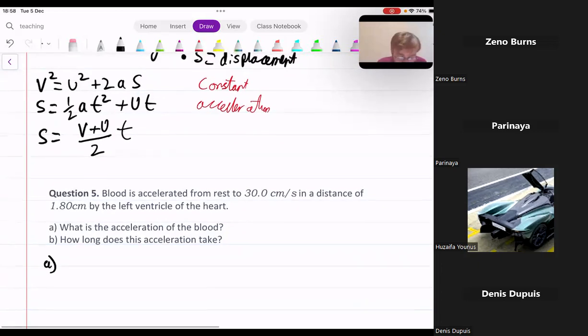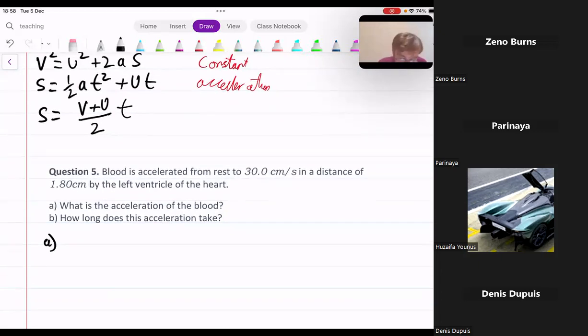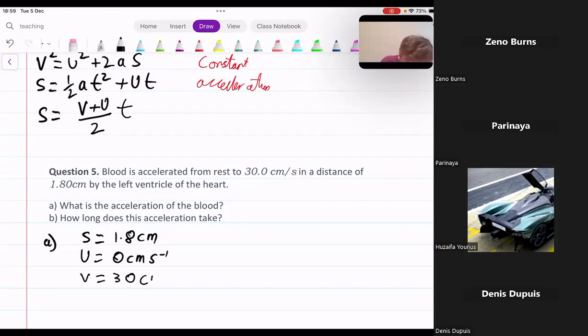So let's have a look. Well, what do we know? We know the displacement, so the distance over which it gets accelerated, is 1.8. The initial velocity is 0. The final velocity is 30 centimeters per second.